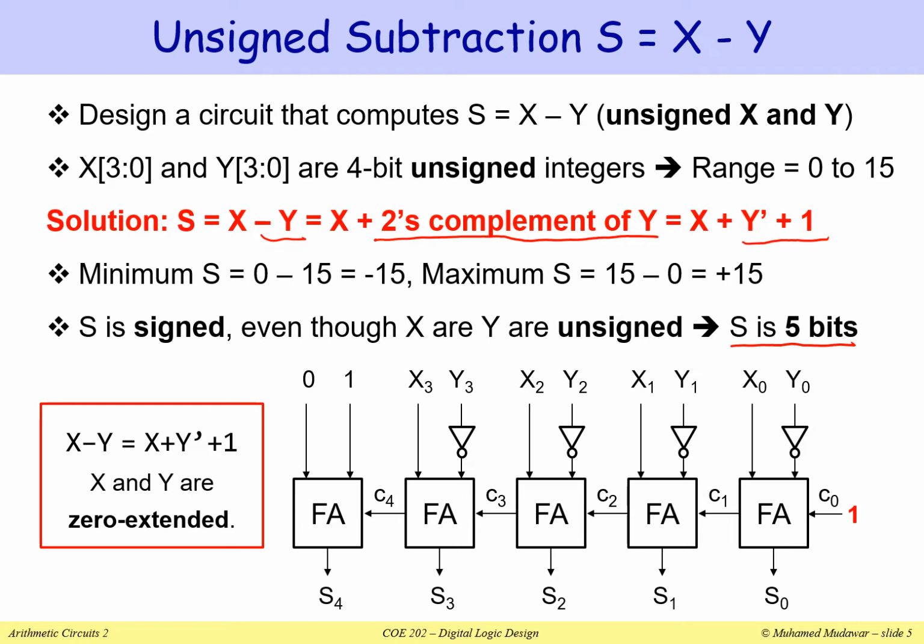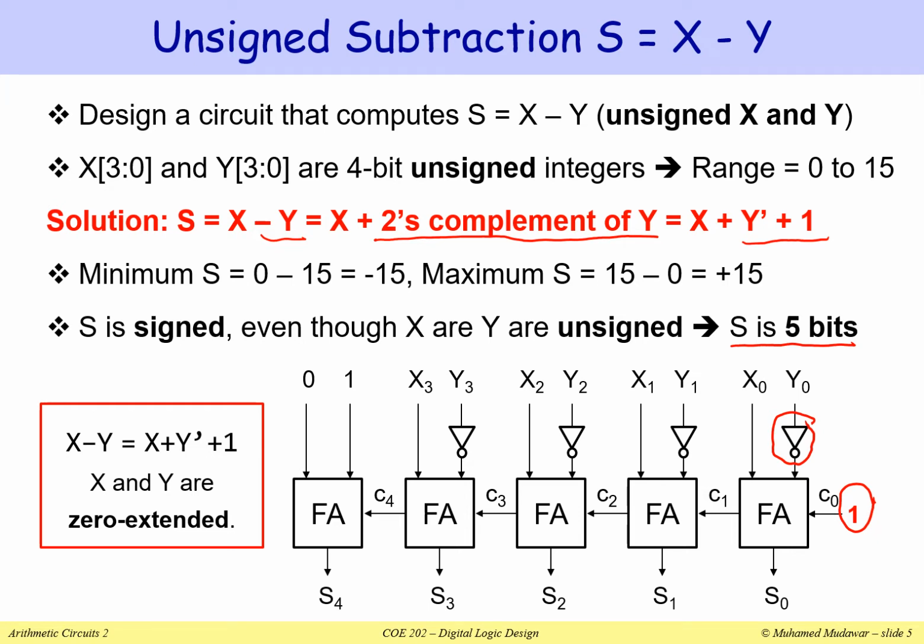Notice that y is inverted. Notice these inverters here. So the inverter here is to calculate the 1's complement of y. And here we have C0 is equal to 1. This will calculate the 2's complement of y. So the 2's complement of y is equal to y prime plus 1.